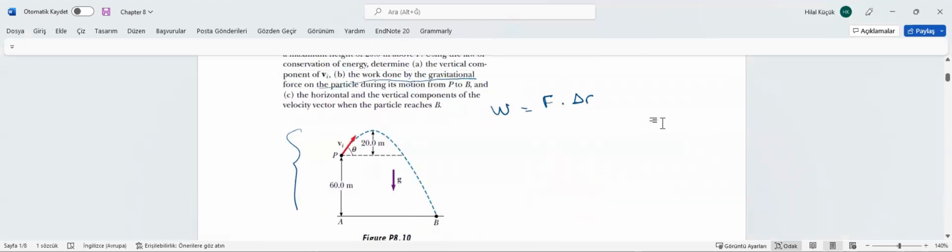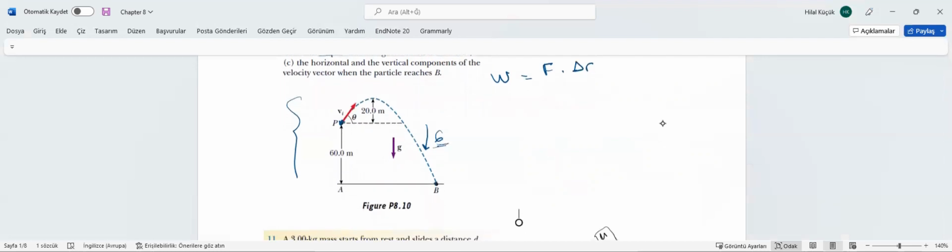What's it saying? P to B. It starts from P and goes to B. Which one should I care about? Which path should I take? Okay, my gravitational force is always in the y direction. Say this is the minus y direction.